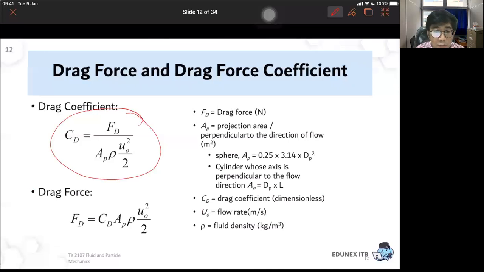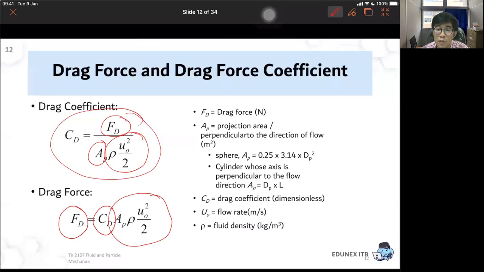For friction we call it the friction factor; in this one we call it the drag coefficient. To calculate the drag force, you calculate the drag coefficient, then multiply by this term.